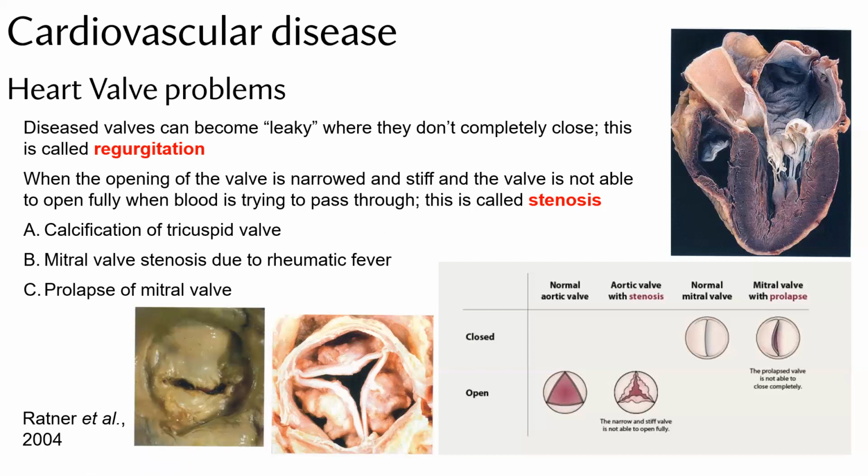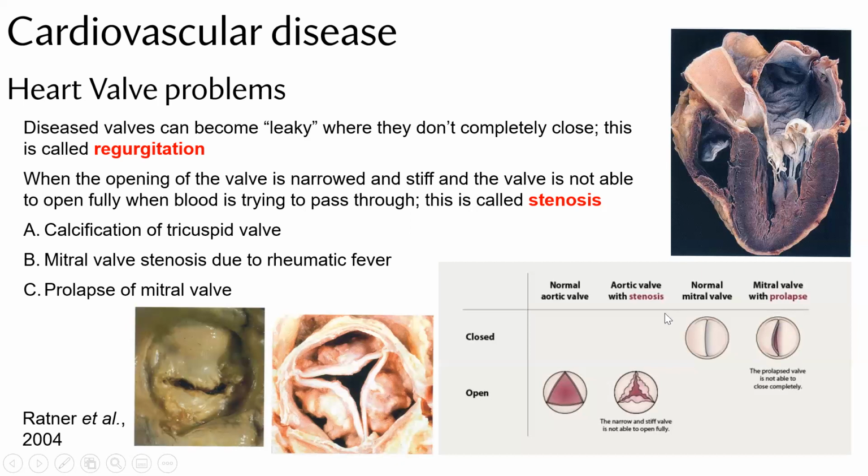Similarly, you can have it here where you have a prolapse in the mitral valve. This example is the tricuspid. This is the mitral valve connecting the left atrium to the left ventricle. And in this case, again, the prolapse is causing it to not be able to fully close in the cycle.